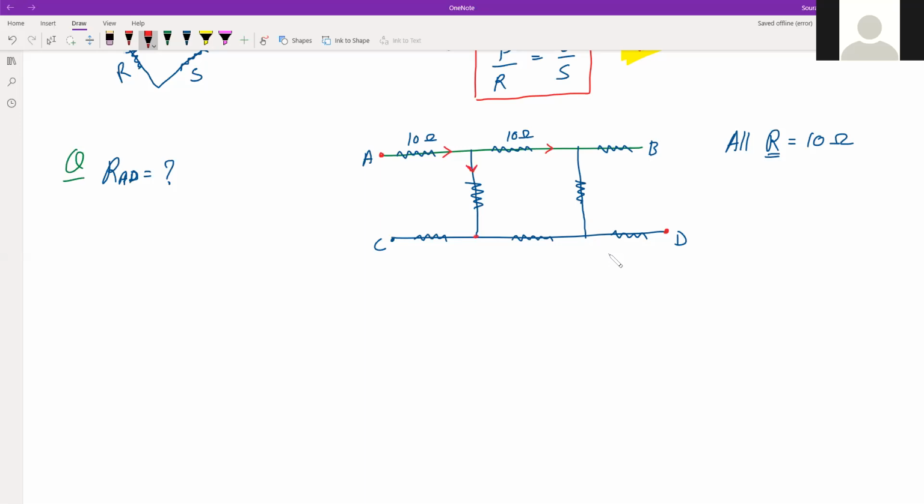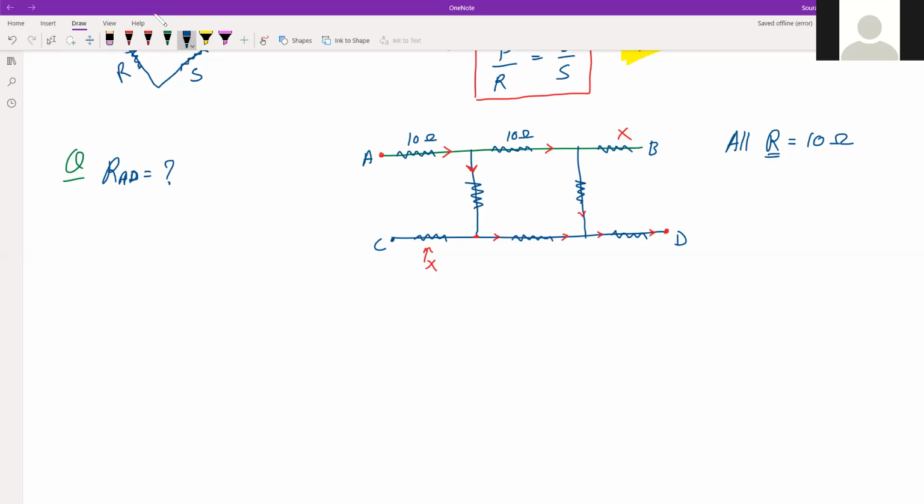Now when it comes here, there is no continuity here, so obviously this part will not be part of our circuit, and we'll consider only this part. And the current here again comes here, so again this won't be part of our circuit. Now the simplification of this circuit is very easy.